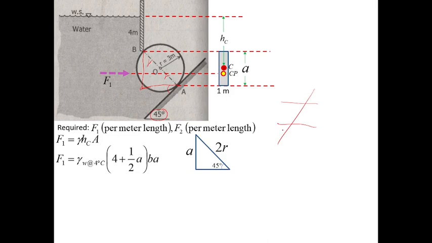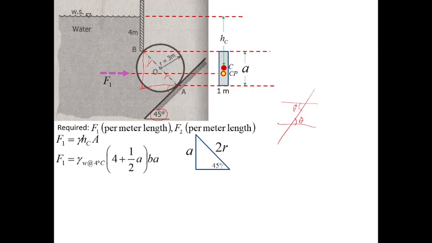Ito ay lesson sa geometry. Kung ito yung 45, ito ay theta, ito rin ay magiging theta. Ang tawag dyan, alternating interior angles.